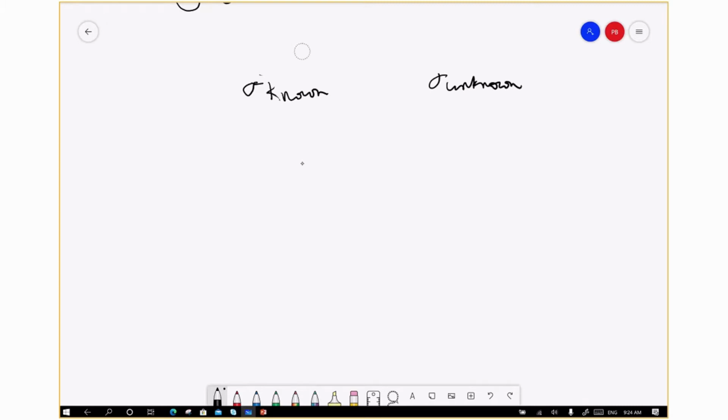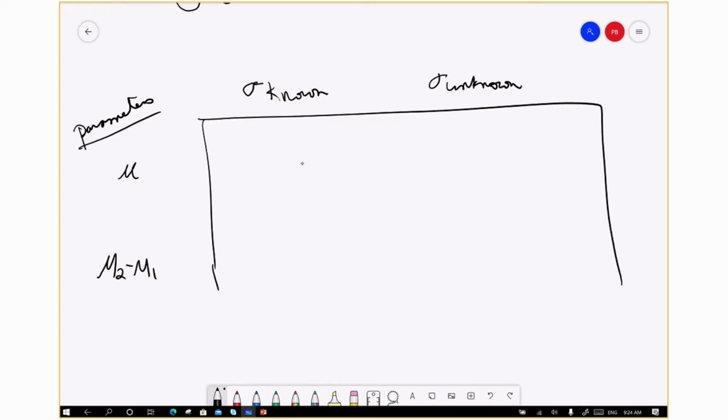So we got that, and then we got a question of what parameters we're interested in. Are we interested in drawing inferences, getting a 95% confidence interval on a single population mean, or the difference between 2 population means? So once we set up this grid, we see our 4 different scenarios.